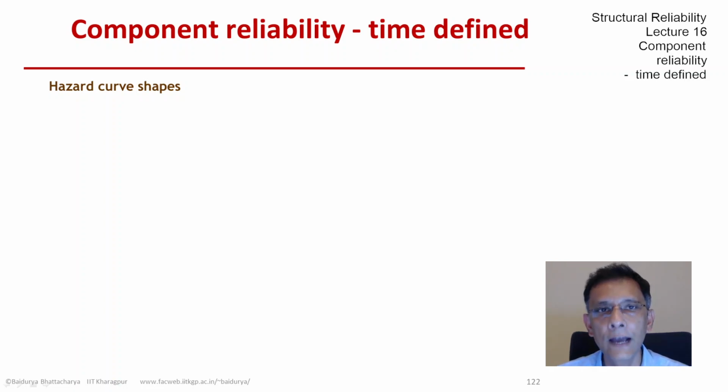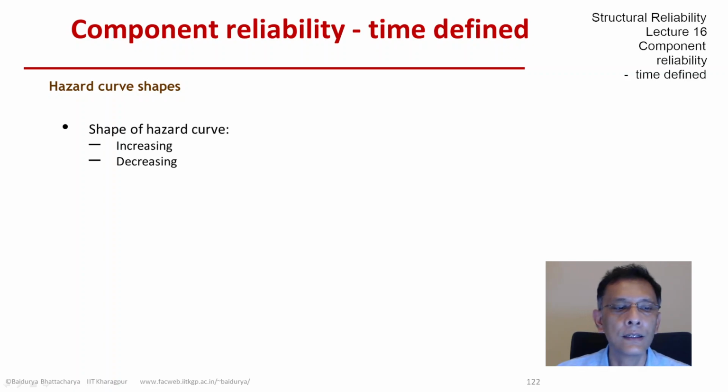So we could have a hazard curve that was increasing with time. We could have, for some other item, the hazard curve decreasing with time, or it could stay constant with time, not change, or there could be combinations of this behavior in different regions of time.